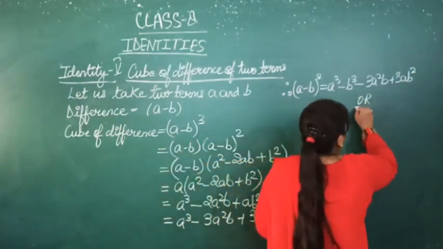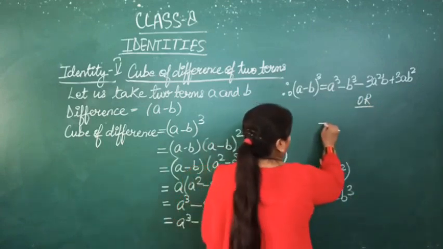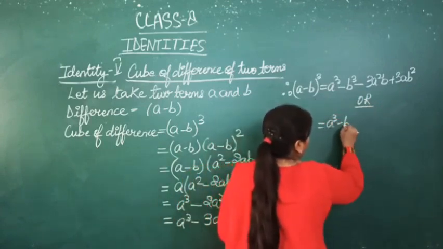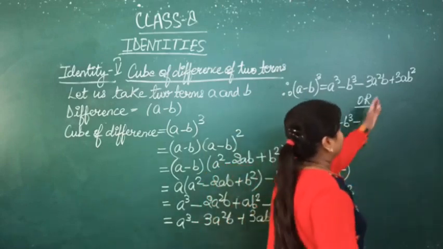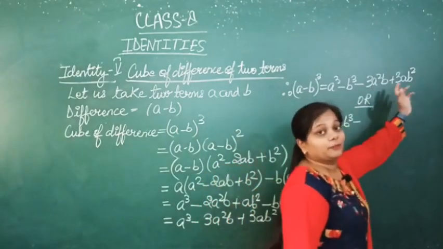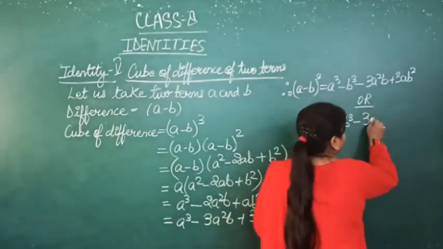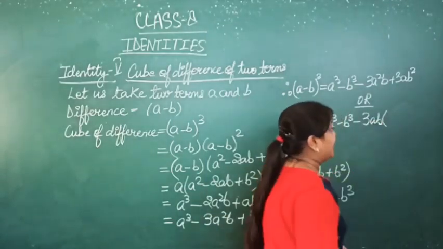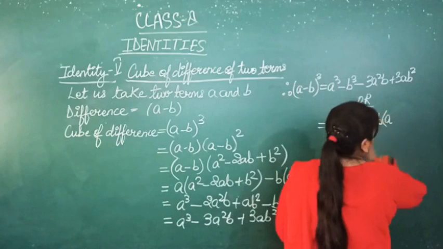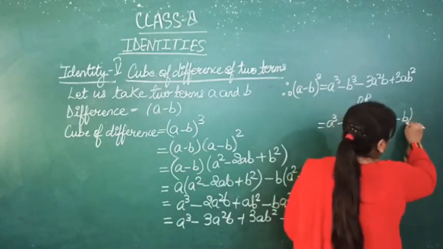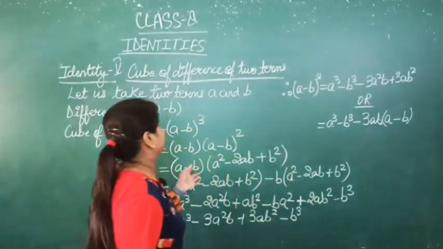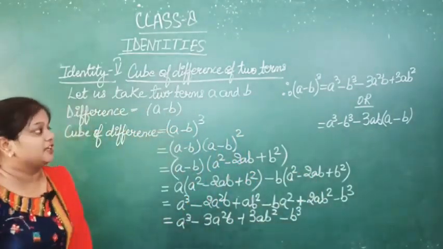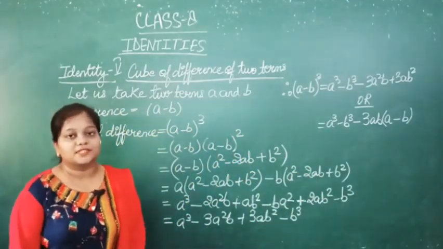We can write this formula as a cube minus b cube, taking common minus 3ab from these two terms, we'll get a minus b. This is the way we can find the cube of difference of two terms.